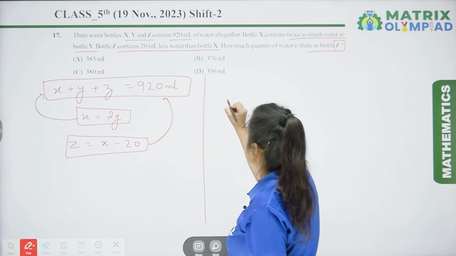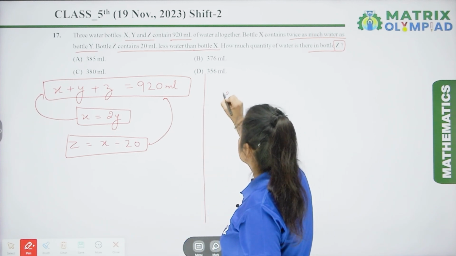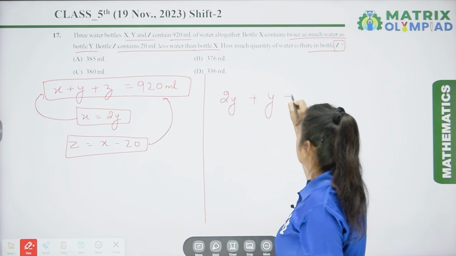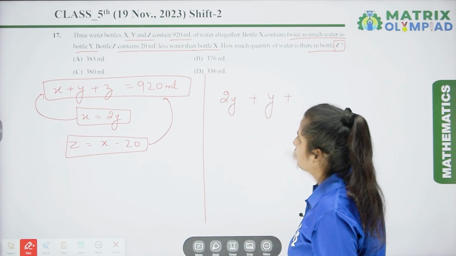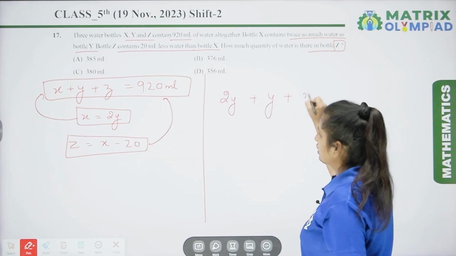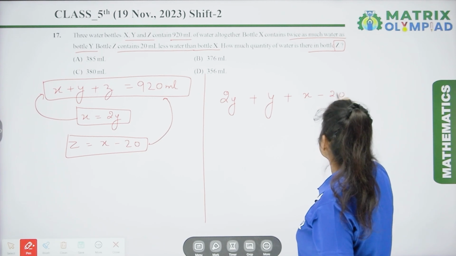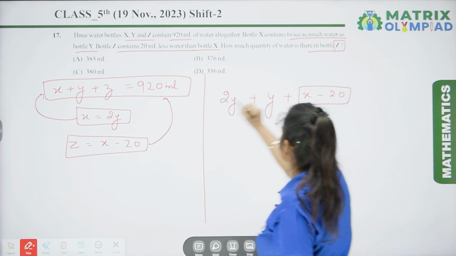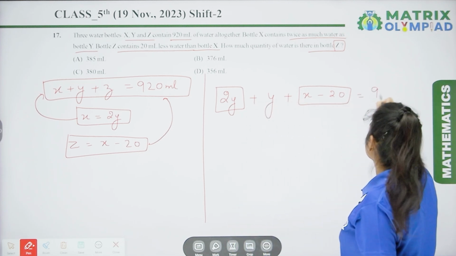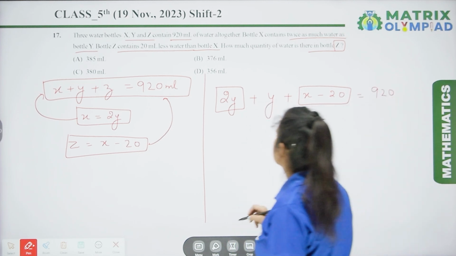What we get? In place of X we put 2Y, plus Y will be as it is, and in place of Z we place X minus 20. 920 will be as it is.